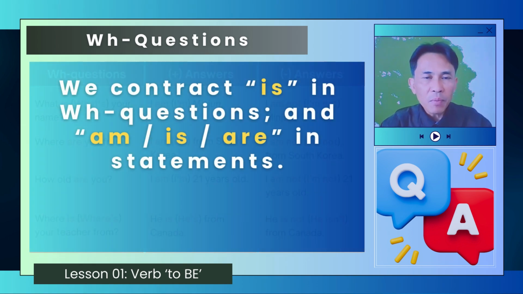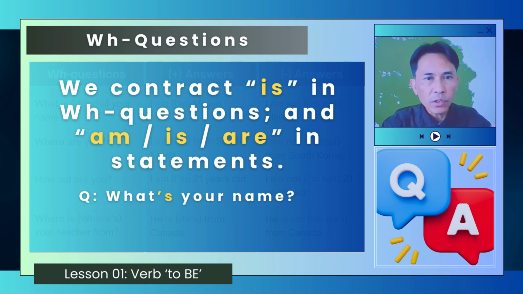Now, one very important point I want you to remember is we contract or shorten the verb to be: is in the WH questions, and am, is, are in statements. So instead of saying, what is your name? You could easily say, what's your name? Now, instead of what is, you just say what's.